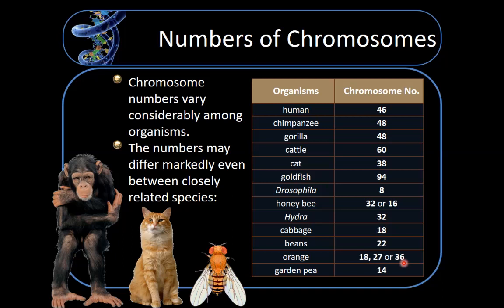And half of 36 is what? That's right, 18. So if you take 18 plus 9, what do you get? That's right, 27. So this is actually a hybrid species. So it's interesting when we start looking at these chromosome numbers. Now think about what we talked about with the mule as well, being a cross between a donkey and a horse. And maybe you can kind of make heads or tails out of that right now.